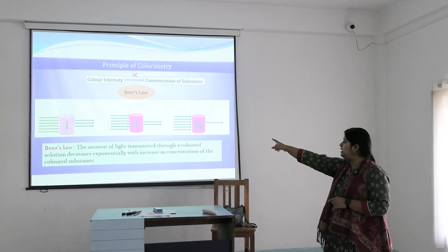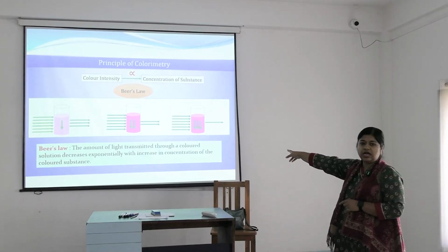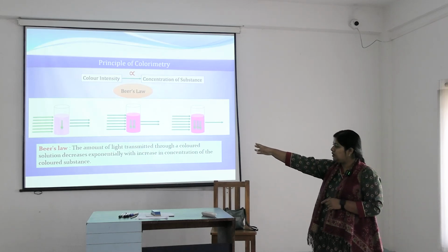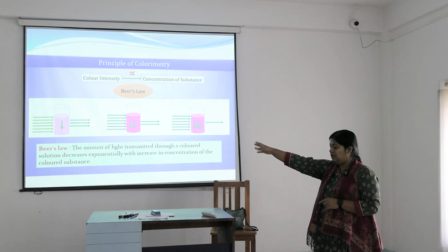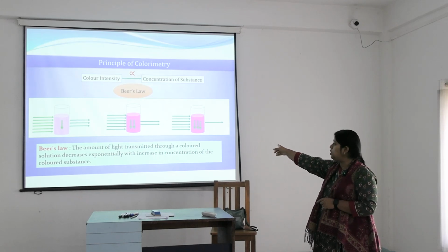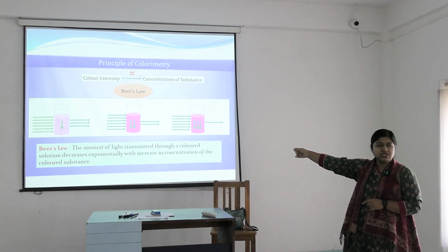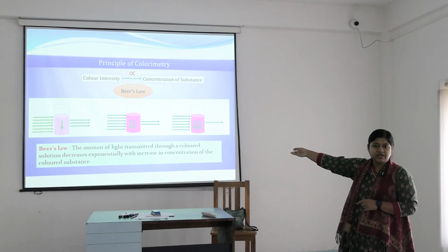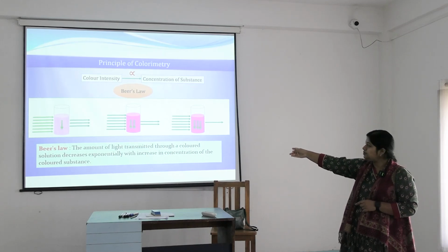The first one is very light, second one is medium and third one is darker. See the emergent lights, how much is transmitted and how much is absorbed. The more the concentration is, the more is absorbed and the less is transmitted.